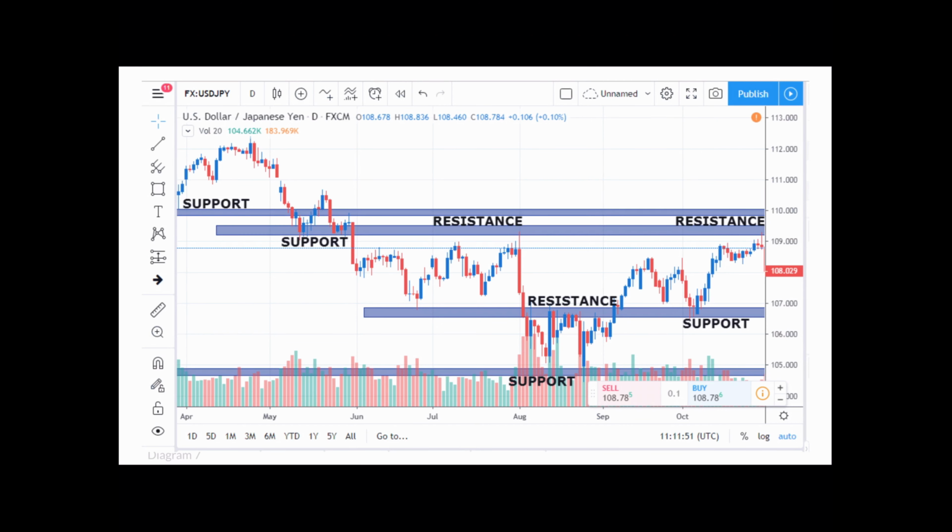Here are some examples of support and resistance. As we can see, in areas of support, prices are bouncing off of the zone and going back up, whereas in areas of resistance, prices are bouncing back off the zone and going back down.